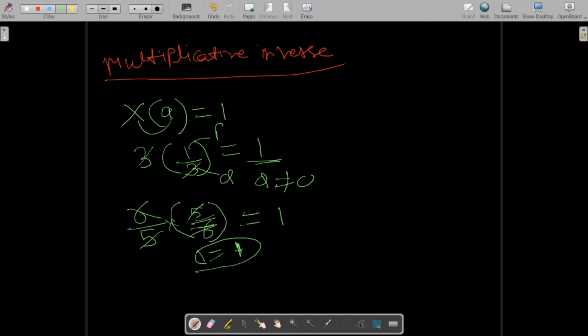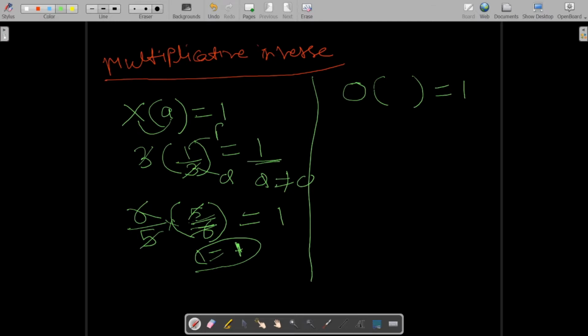Do we have any real number which does not have a multiplicative inverse? Yes, we have one real number that does not have a multiplicative inverse. Let's take this example, 0. Do you have any number here which gives 1?